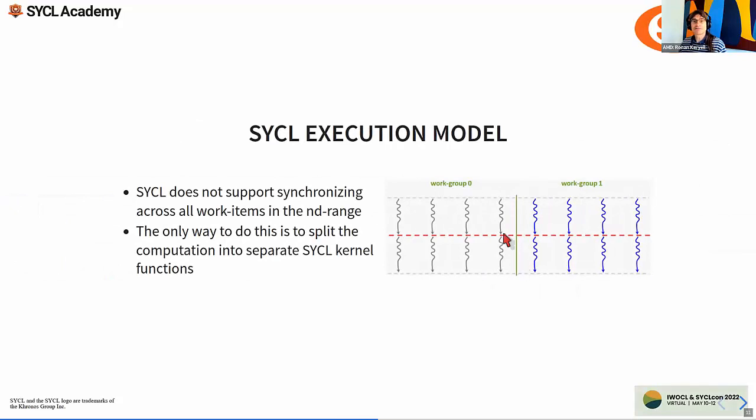If you have different work groups, actually there is no support in SYCL to have barriers across work groups. So if you really want to have an execution in different phases in your application across all your work groups, the only simple way to do it is to have one first kernel executing up to completion, and then you start another kernel once the previous one has executed.